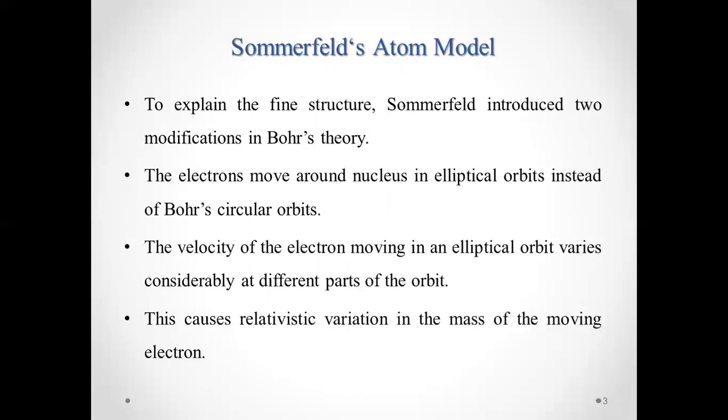When the spectral lines were observed through high-resolution spectrometers, each line is found to contain many component lines. Accordingly, H-alpha line is not a single line, but made up of three closely spaced lines of slightly different energies.